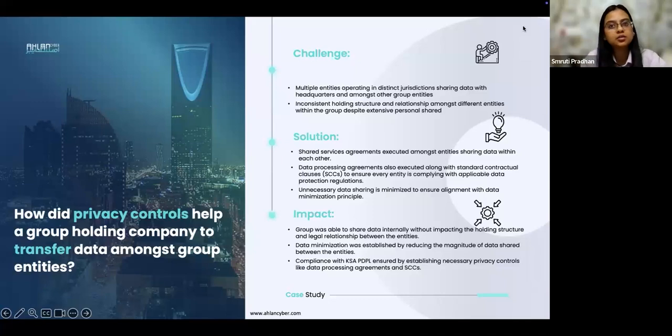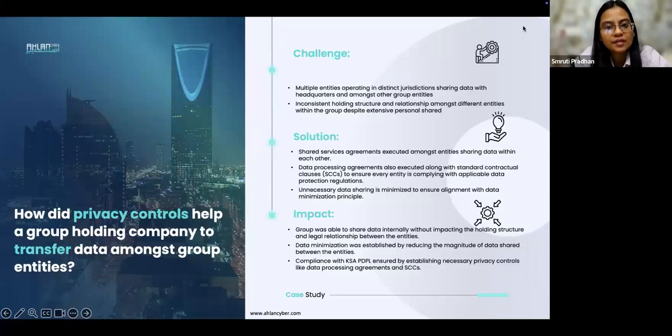Do you have the right contracts in place, ensuring that if personal data is being transferred from one entity to another, or transferred outside the Kingdom to a different country, you have the contractual agreement, which is a data processing agreement, in place? Depending upon the role that you share with an entity, with a service provider, or with a joint controller, you need to build these contracts so that the obligation of protecting the personal data lies on both ends.